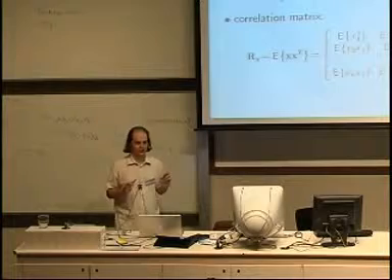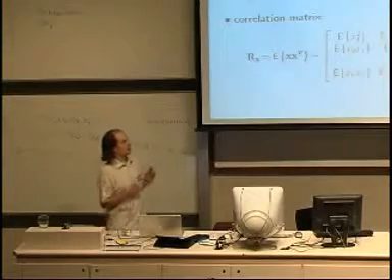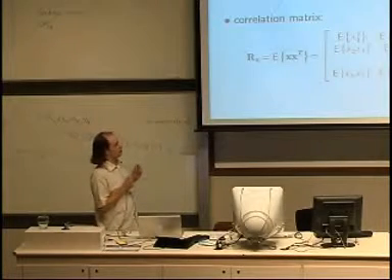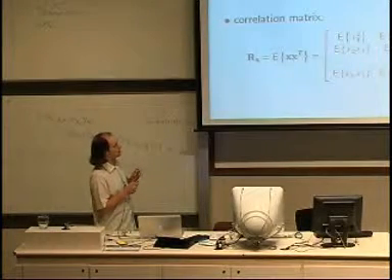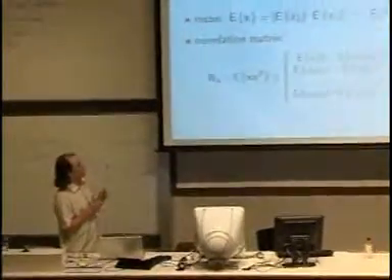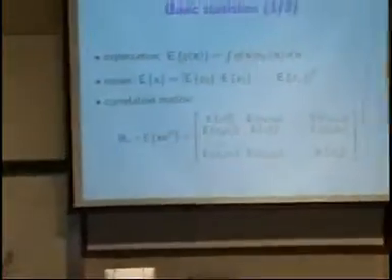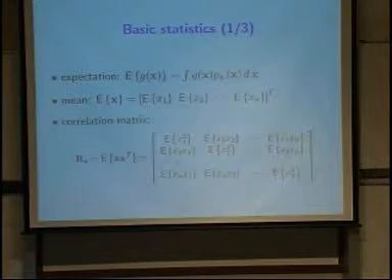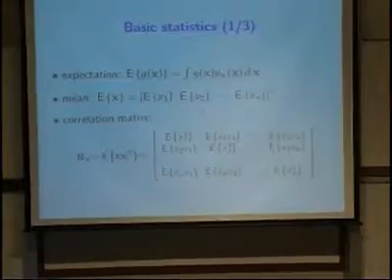After these things like densities, certainly the most fundamental thing in probability theory and statistics is the expectation. In the basic case, we talk about the mean, which is the expectation of a random vector itself.